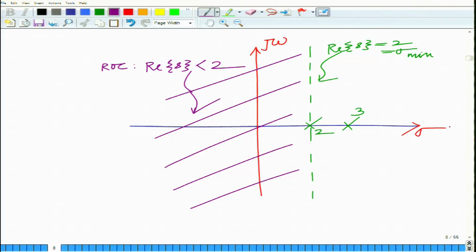You can see all poles lie to the right, that is, the ROC has to lie to the left of all the poles of X of S. Alright, so we will stop this module here and continue with other aspects in the subsequent modules. Thank you very much.